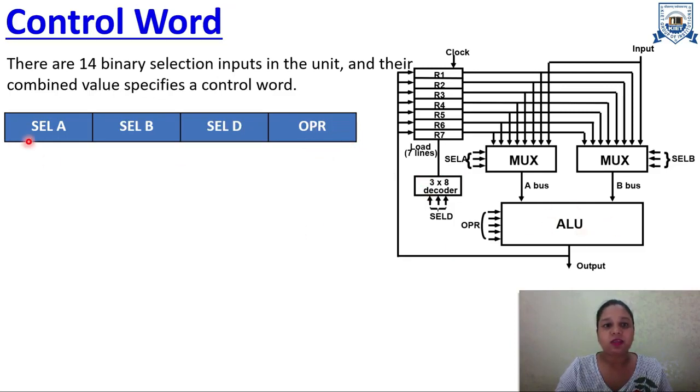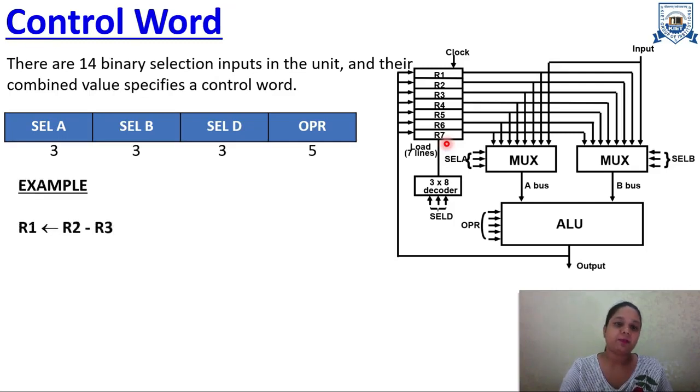As you can see, select A is 3 bits, select B is 3 bits, select D is 3 bits, and OPR is 5 bits. It means it is 3 plus 3 plus 3 plus 5, that is 14 binary digits, which can make this general register organization understand what micro operation will occur.